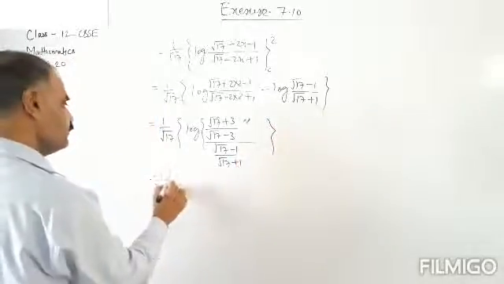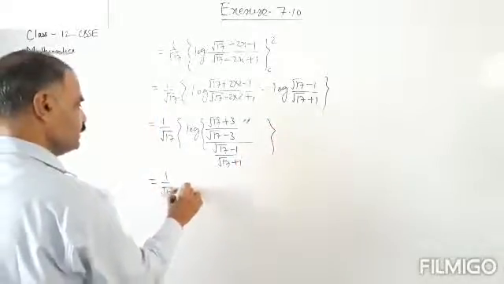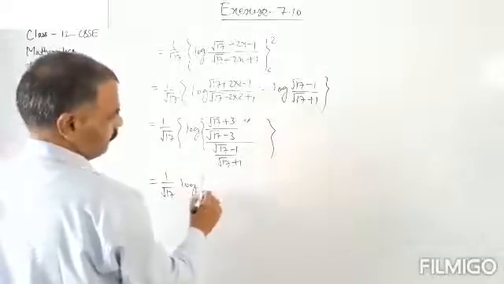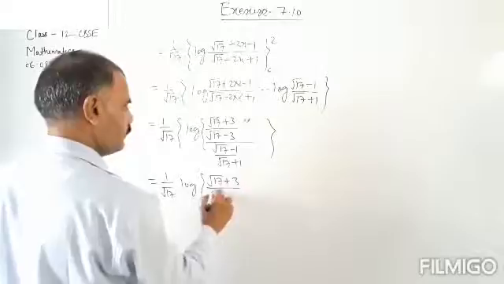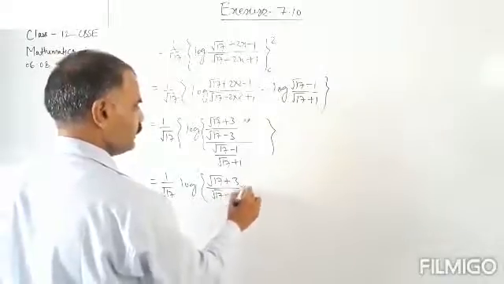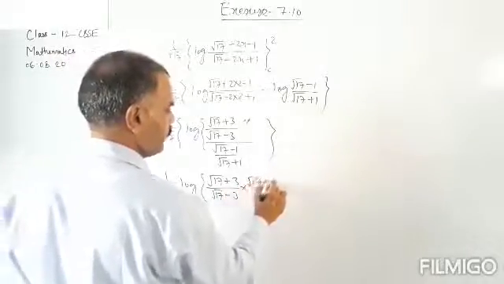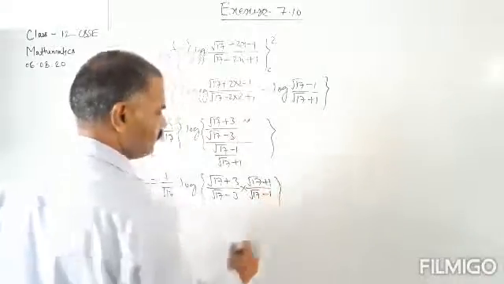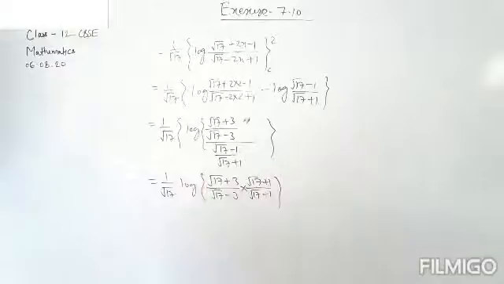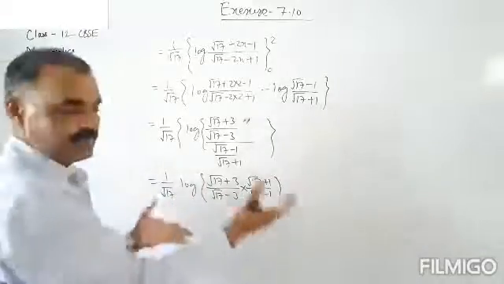So this is equal to 1 by under root 17 into log of (under root 17 plus 3) upon (under root 17 minus 3), multiplied by (under root 17 plus 1) upon (under root 17 minus 1). Okay, now multiplying this, you may have the answer.